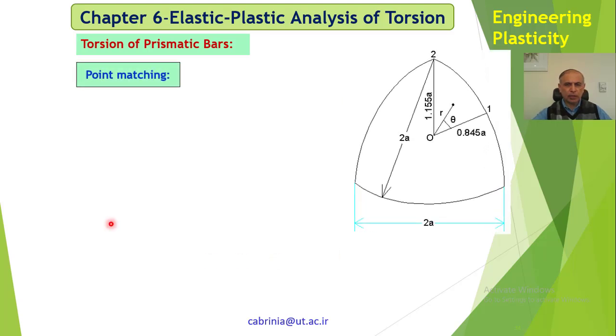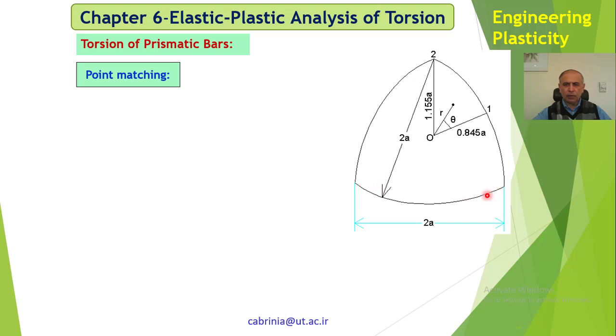Now, point matching. Point matching is also another method to obtain the torsion of prismatic bars with strange cross sections like this. Okay, that's the cross section of our prismatic bar. We have some curves like that, and the length of this curve, the chord, in fact is 2a, and the radius also is 2a, like that.